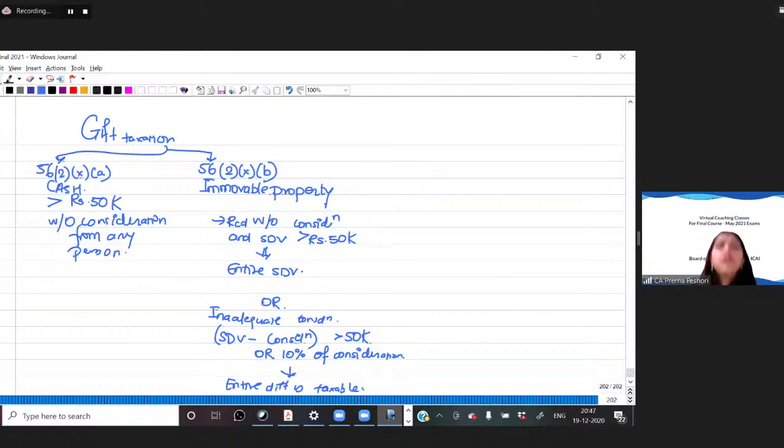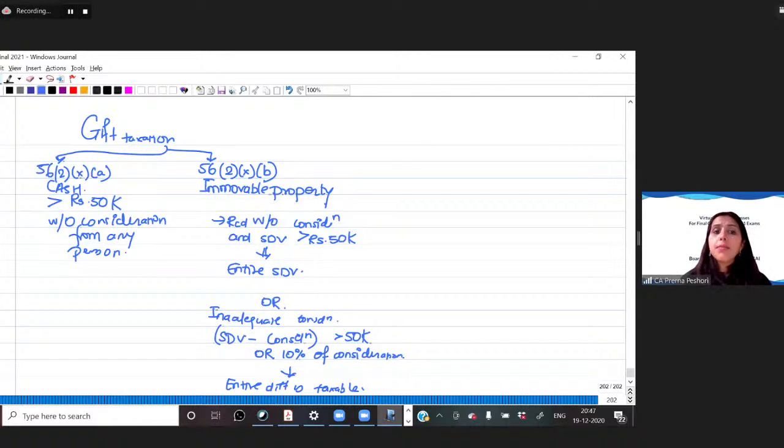If it is received for inadequate consideration, then the stamp duty value minus your consideration will be taxable if it is greater than 50,000, or the difference between stamp duty value and sale consideration is greater than 10% of consideration.